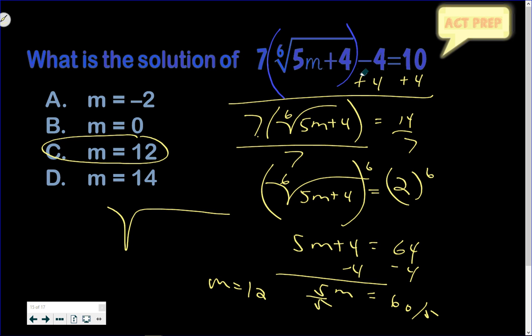So this part right here, that's your radical. And then this, those are basically attached together.